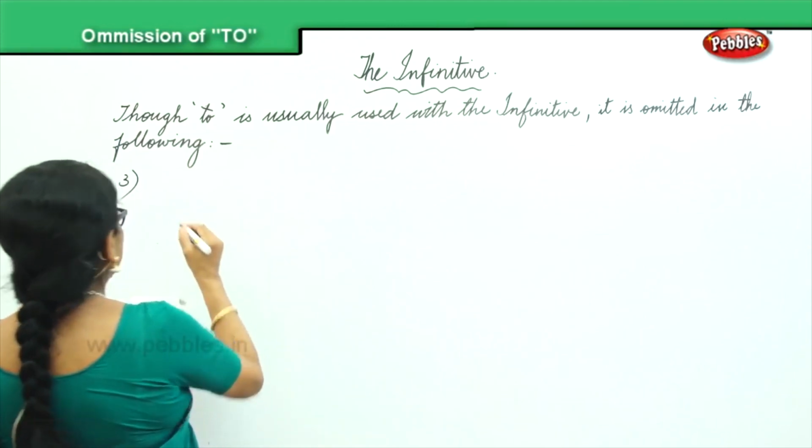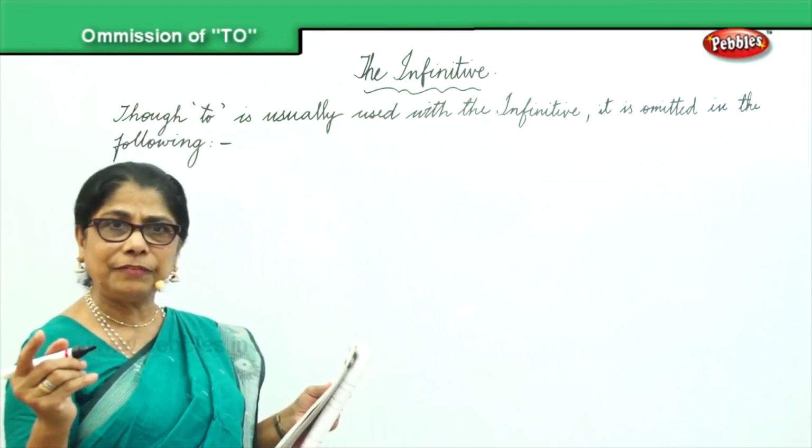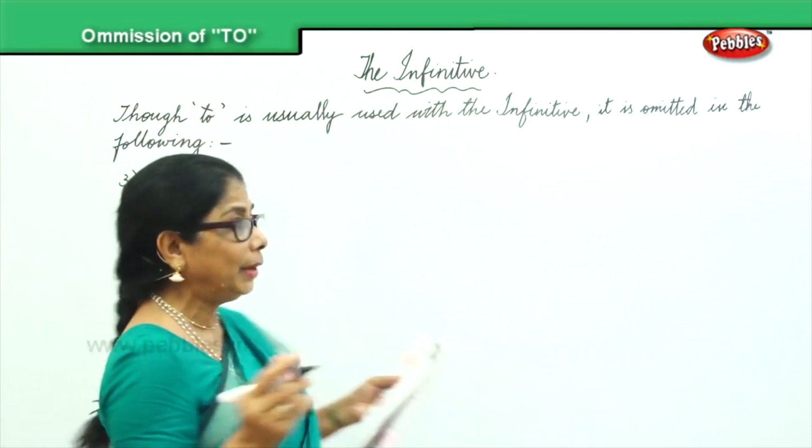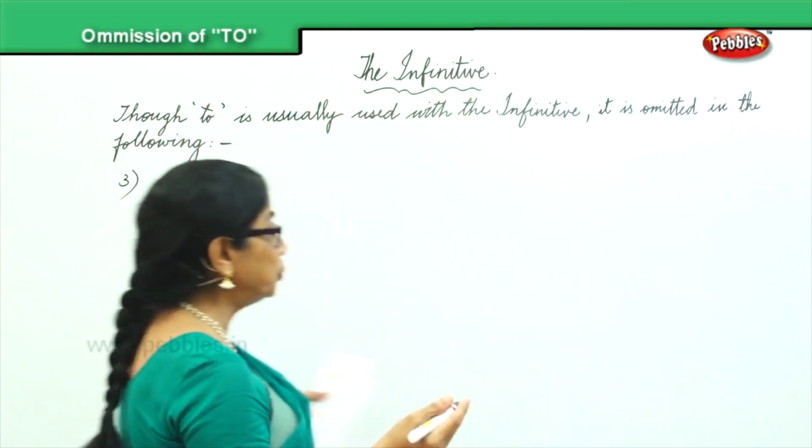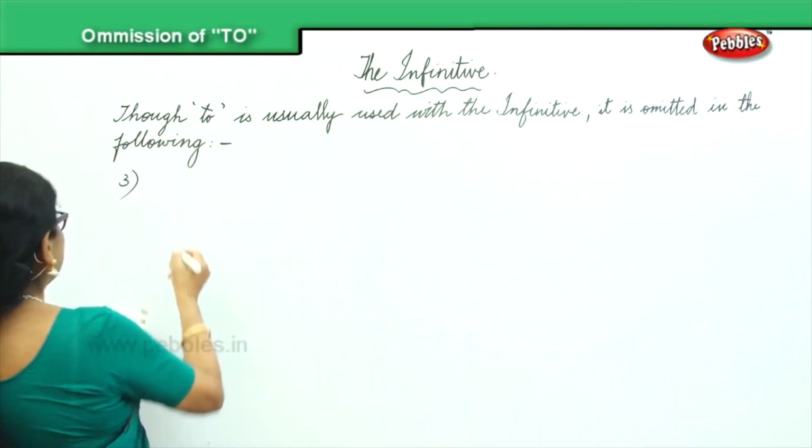These are phrases. When we have more than one word, we say phrases. So in forming sentences, when we have phrases, we omit to.